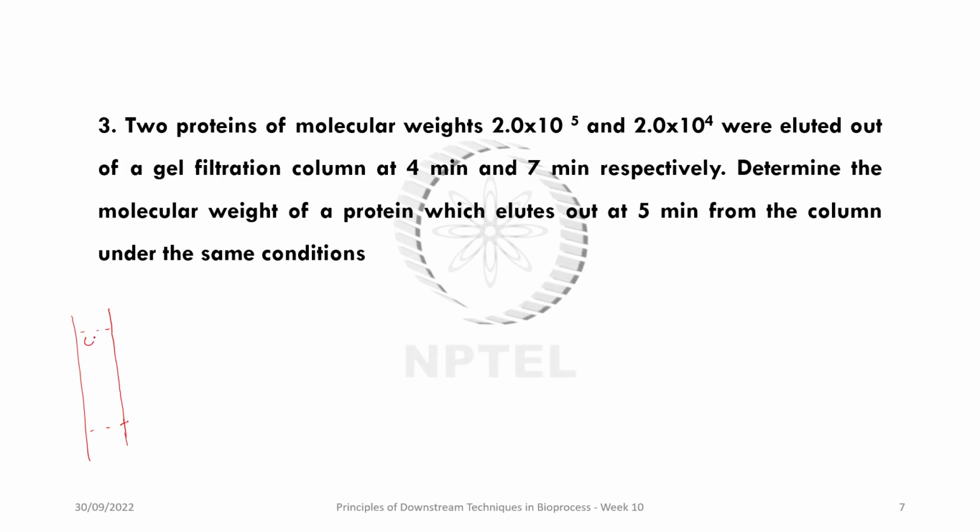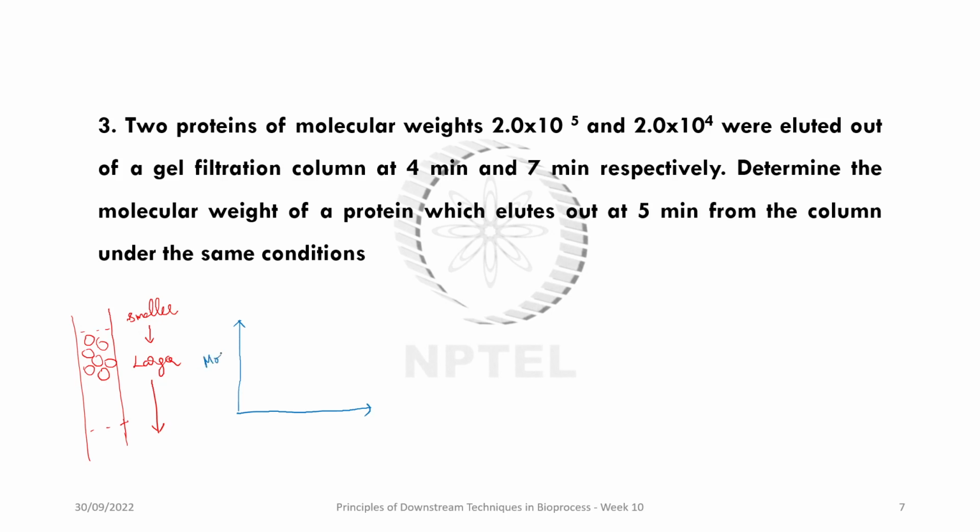So what is the principle? The separation principle is based on size. So larger the molecule, faster it is going to elute. Smaller molecules are going to come later. Correct? So it is going to be inversely proportional to the elution time. I'm just giving you the visuals while waiting for your answer.